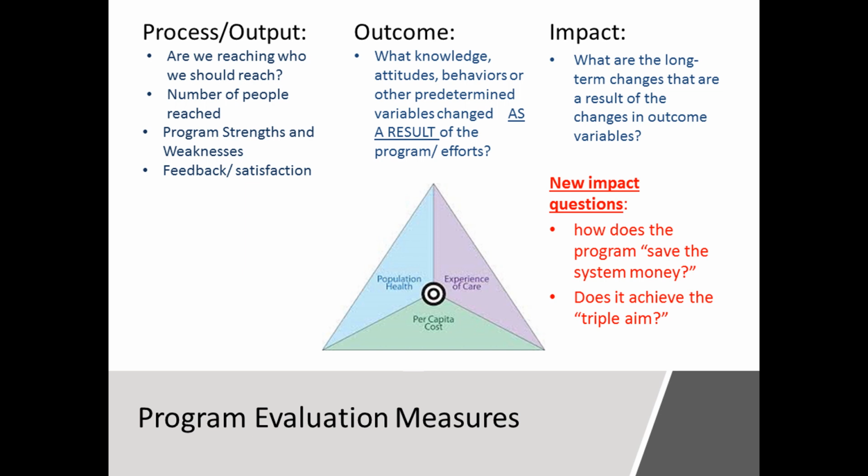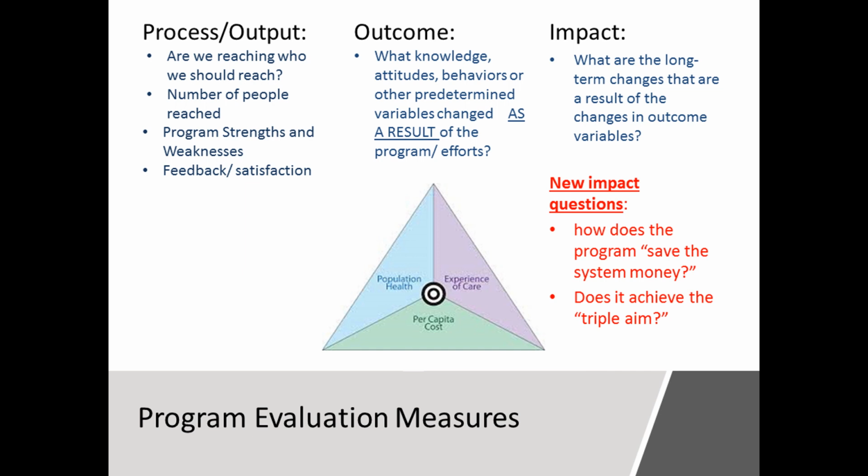Their well-being is better. And I put a note on here because two things that are important. One is a lot of efforts now are targeted toward the Triple Aim. Are we improving health status? Do we have good quality? Is there cost savings involved? Because a lot of the new impact questions are, how does the program save the system money?